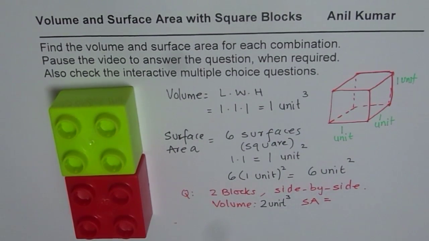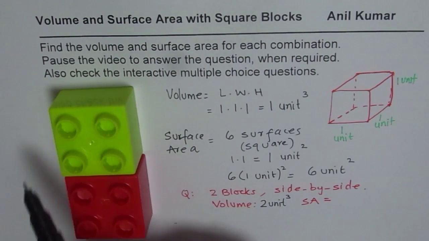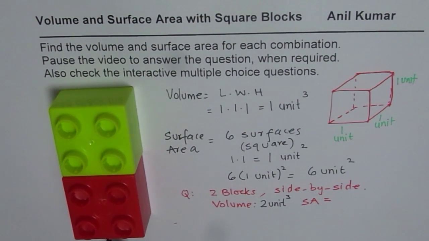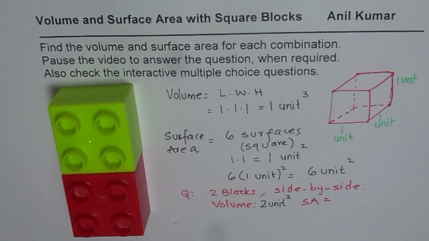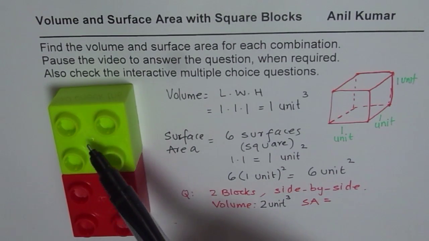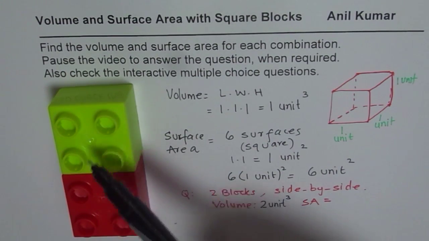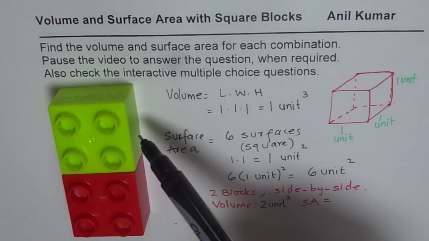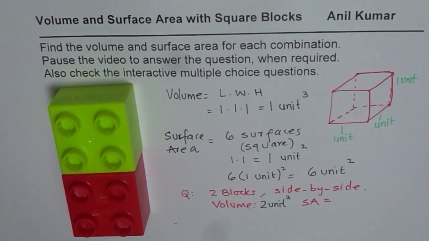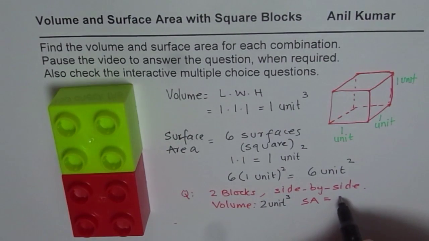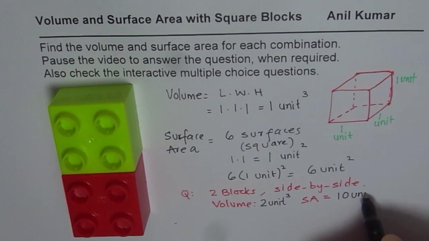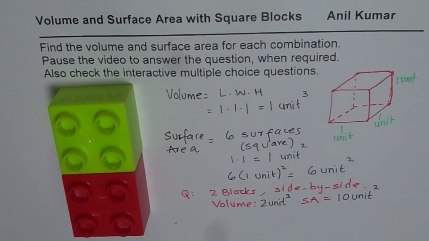Now what is the surface area? Well, earlier we had 6 surfaces, but if I put them side by side, just touching, then these two surfaces are kind of inside, so they are not exposed. So therefore, we are not going to count those surfaces. So we are left with 1, 2, 3, 4 in the bottom, 5, 6, 7, 8, 9, 10 surfaces. So the surface area is 10 unit square. You get the idea, right?